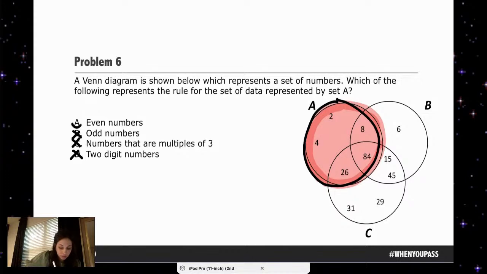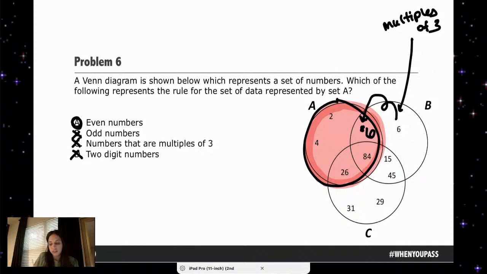As a matter of fact, they're even numbers. 2, 4, 6, 8, 10, 12, 14, 16, 18, 20, 22, 24, 26, 28, 30, 32, 34, 36, 38, 40. And really, the number 6 should belong right here because 6 is an even number that is also a multiple of 3. So if we look at the rule for set B, these are all multiples of 3.